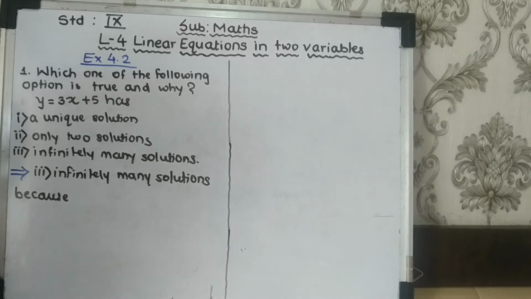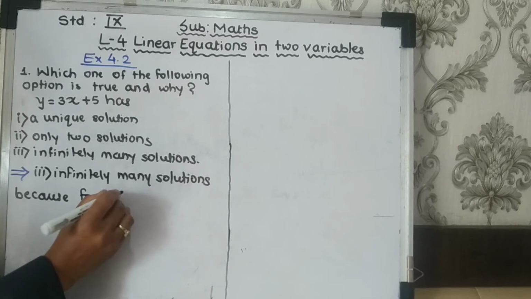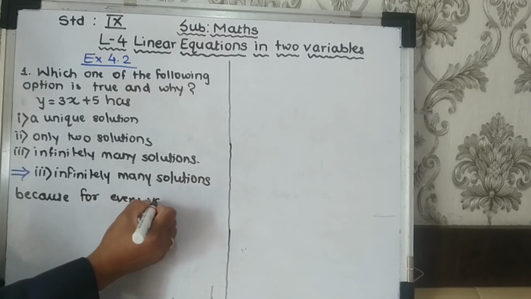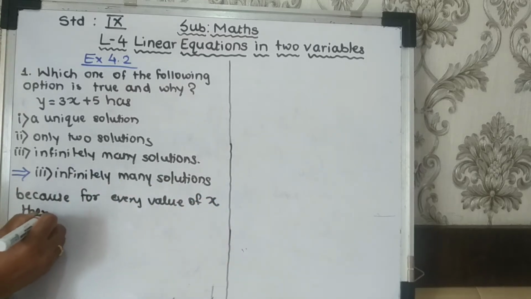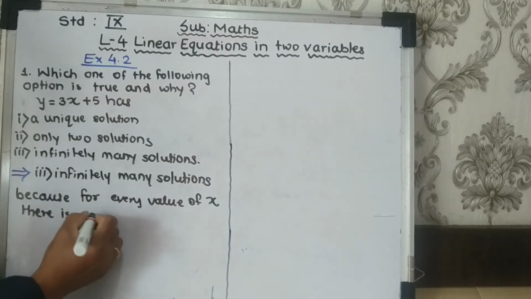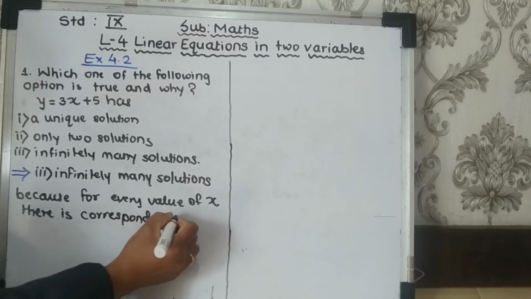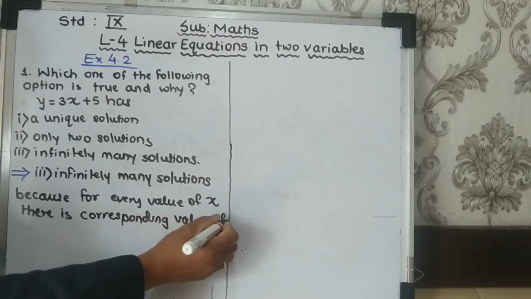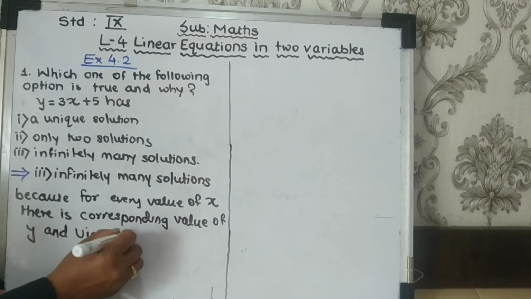We will write: for every value of x, there is a corresponding value of y, and vice versa.